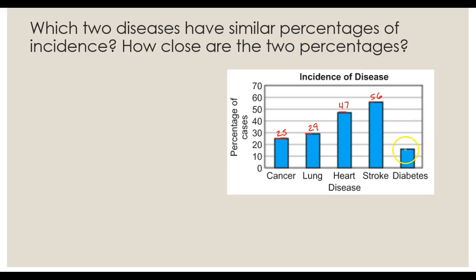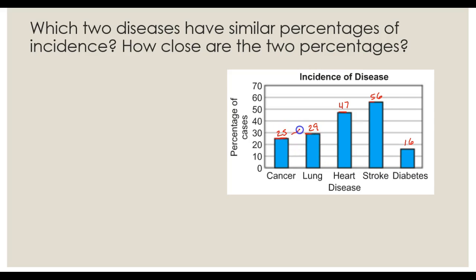And then this last one is again kind of similarly close to the 20%, like the 60. That one before is close to the 60s. I'm going to say that's 16%. So what we're supposed to ask is which ones of these are closest together.